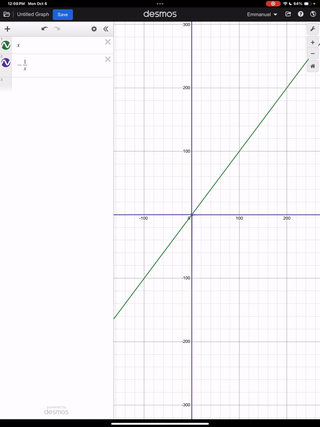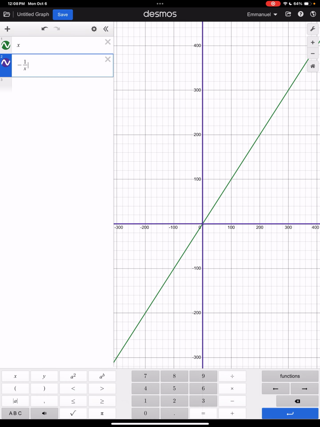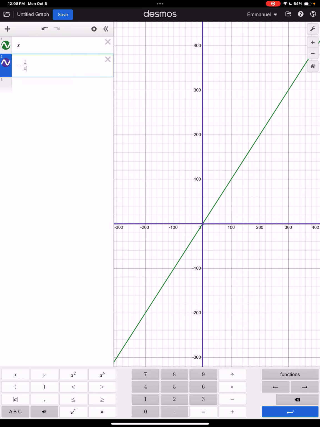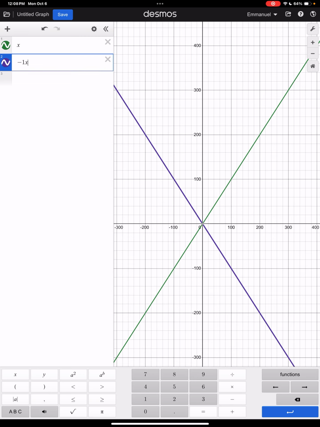This is a bad example. This is a very, very bad example. Apologies. My slope there is 1, so I need minus 1. So I just say minus x, because minus 1 over 1 is minus 1. Let me rephrase.